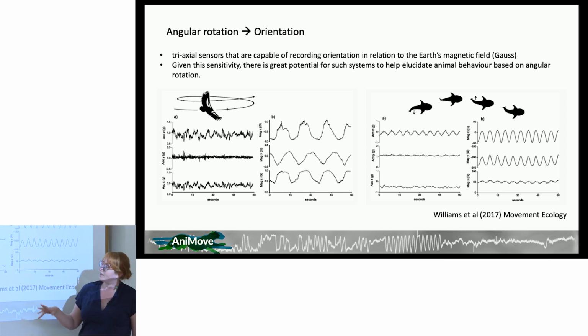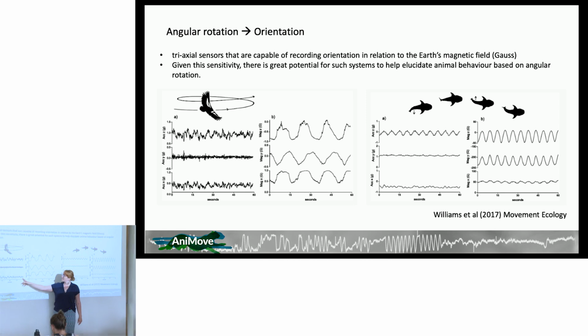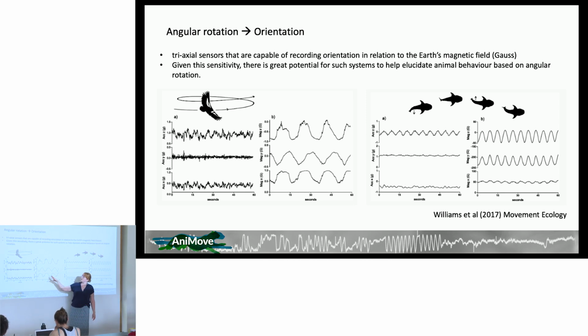So if I have here an accelerometer and a magnetometer on a soaring bird, all of this noise we now know as the dynamic signal. It's arguable that this could be the environment that's causing this noisy signal, as the wind is affecting the feathers and the way that the tag is attached to the animal.